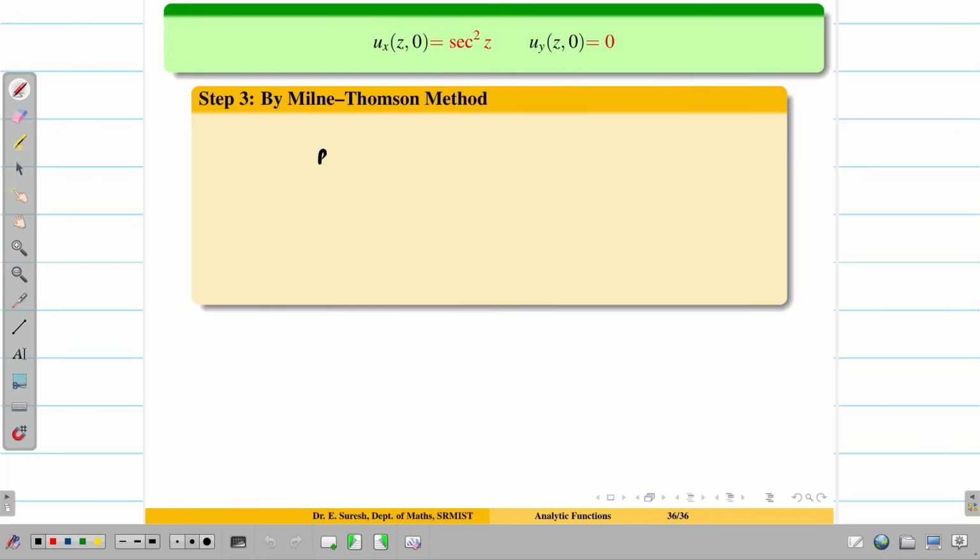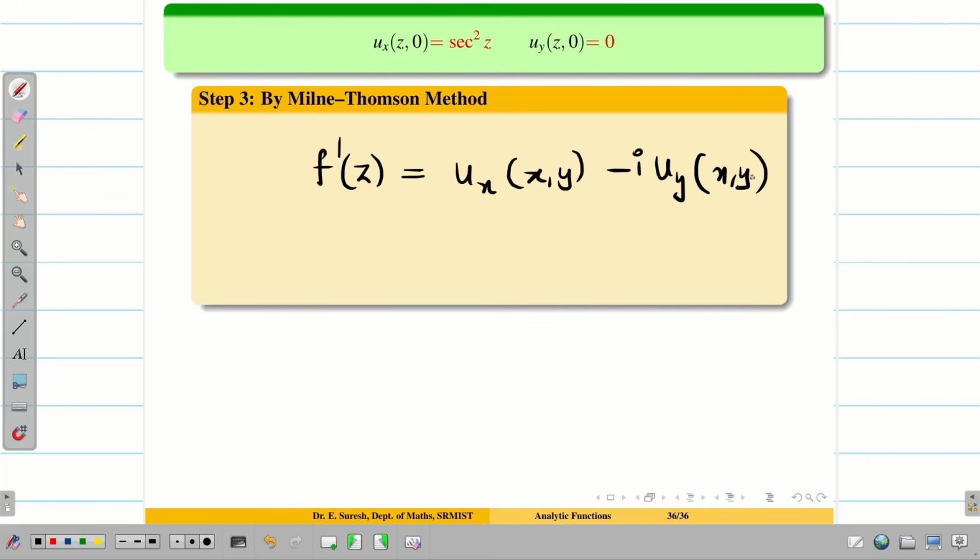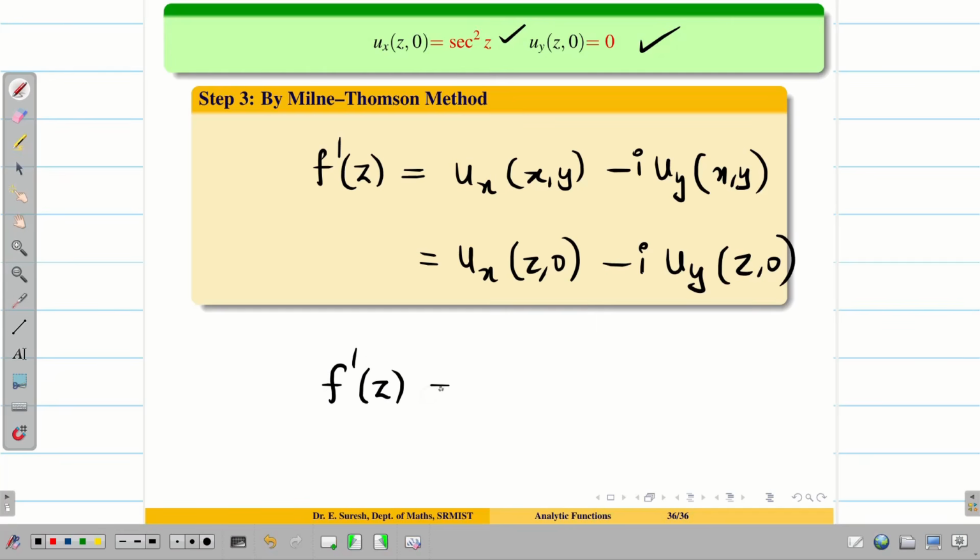Now the real part is given. We have to recollect f dash of z is ux of x comma y minus i into uy of x comma y. By Milne Thomson's method, this is equal to ux of z comma 0 minus i into uy of z comma 0. Both data are ready. Therefore, my f dash of z is secant square z because uy of z comma 0 is 0.